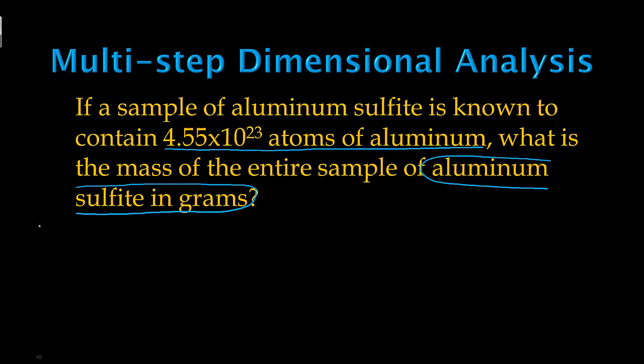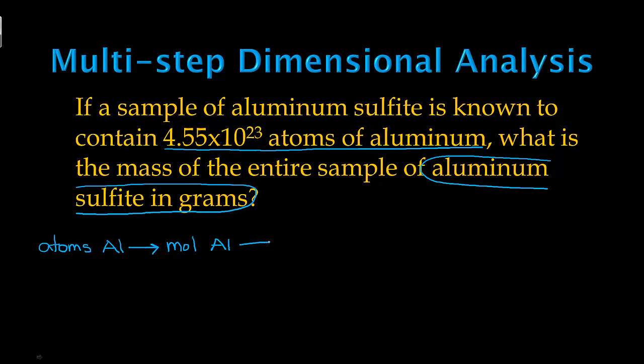The first thing we're going to do is tell us what we start out with, and that is atoms of aluminum. Now we know we always have to convert to moles. The first step is convert to moles of aluminum. Once we do that, now we can convert to anything else.